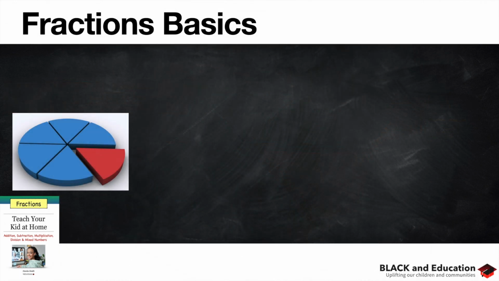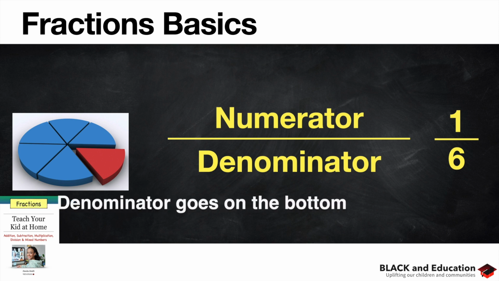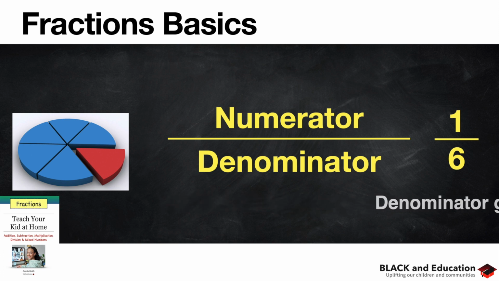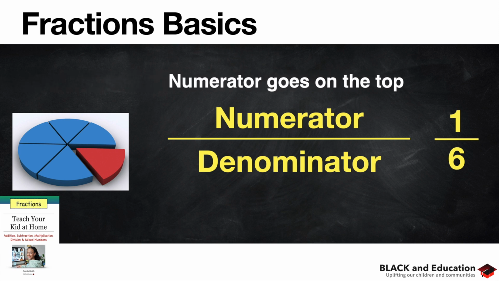Let's look at this again slightly another way. We know we have our numerator and our denominator, and we're dealing with 1/6, 1 out of the 6 pieces that this whole has been cut up into. The denominator goes on the bottom. Remember, that's the total amount that it's been cut up into. Our numerator goes on top. That's the part that we're concerned about.